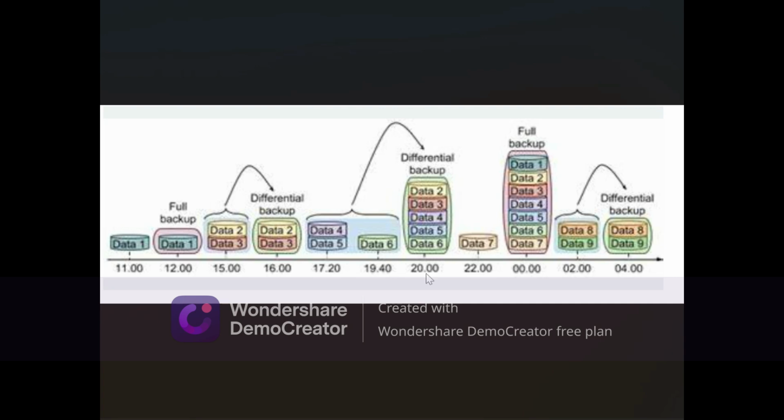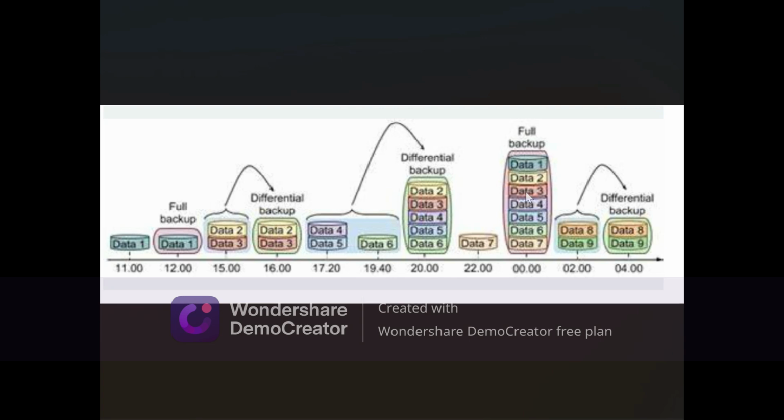All the transactions. At 10 o'clock some transaction happens which is contained in the block of data 7. At 12 o'clock a full backup is going on. So it will contain d1, and all the changes after that full backup: 2, 3, 4, 5, 6.